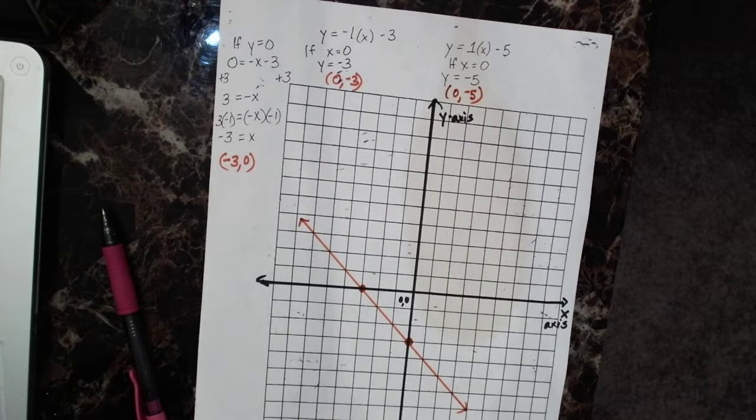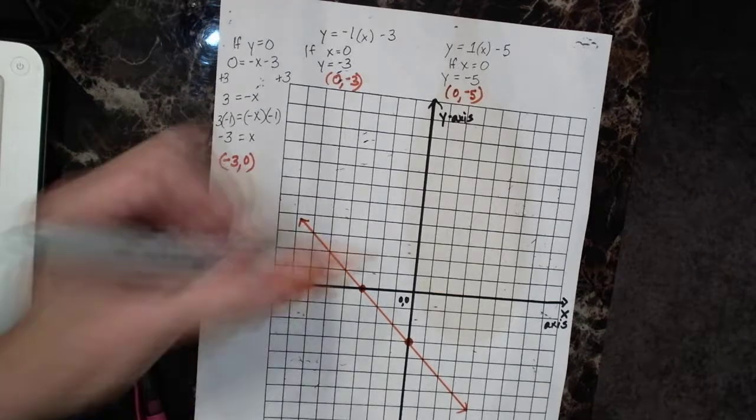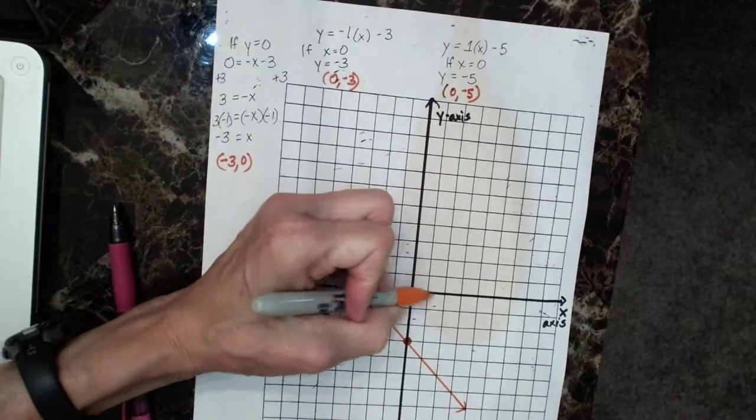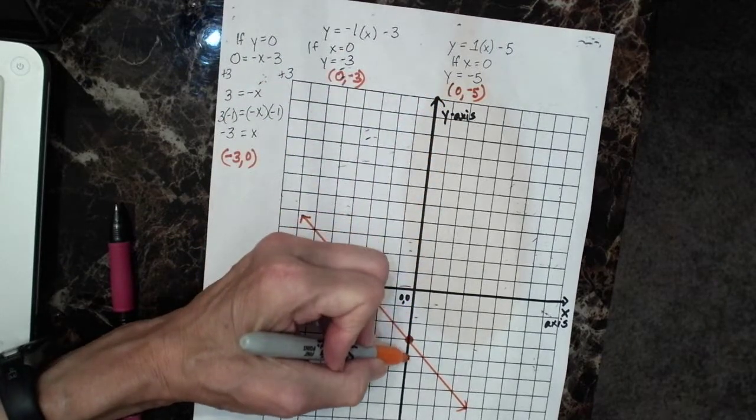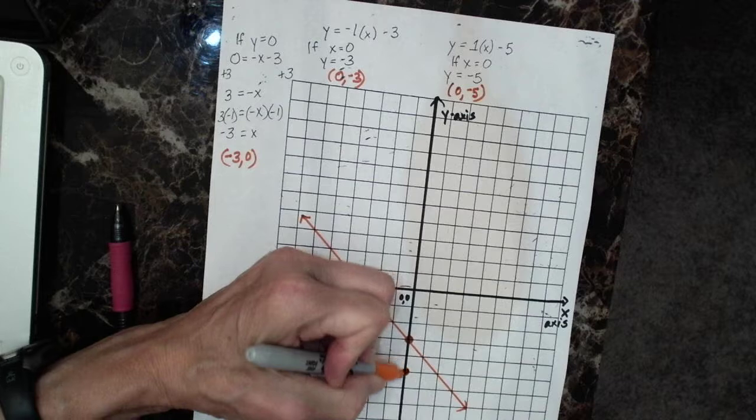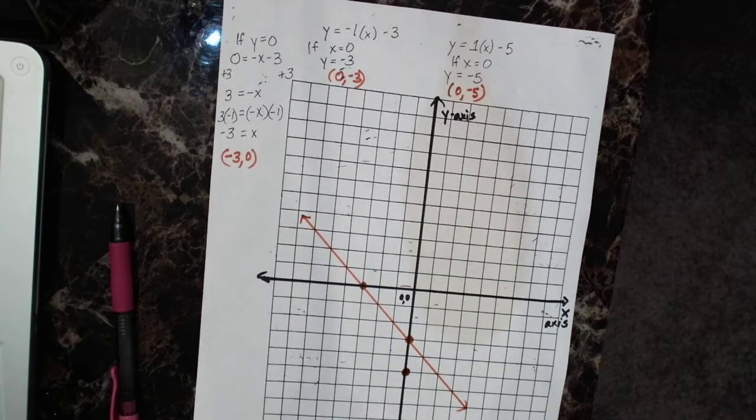So let's plot that point. So 0 is here, we don't go left or right, and we go down 5. 1, 2, 3, 4, 5, right there. And now we need another point.